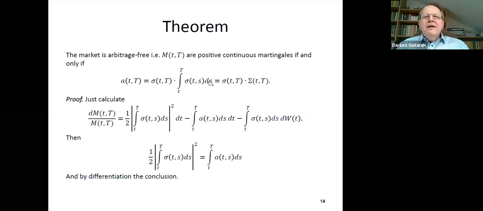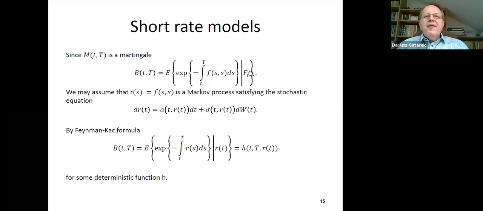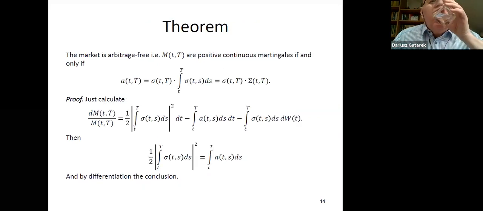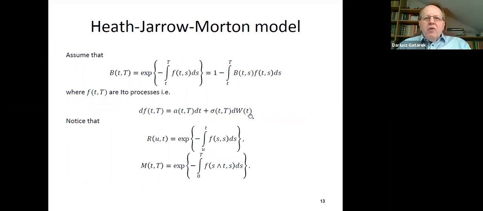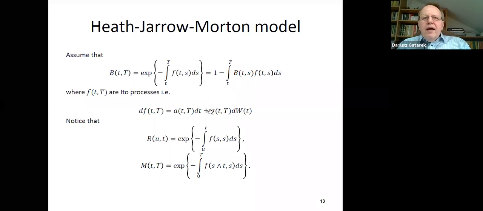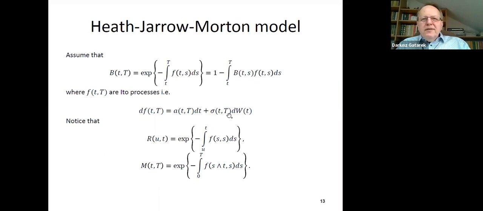Okay, so that's a very crucial element, and it is fundamental for the general concept of arbitrage pricing, because when we look at the dynamics of forward rates, we see they depend only on one model parameter, which is sigma.